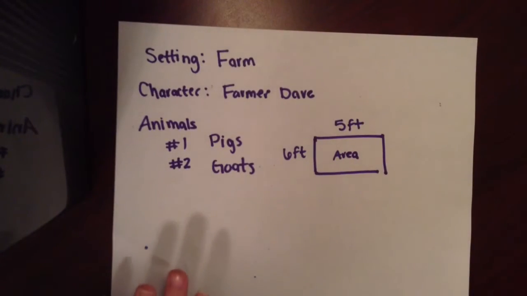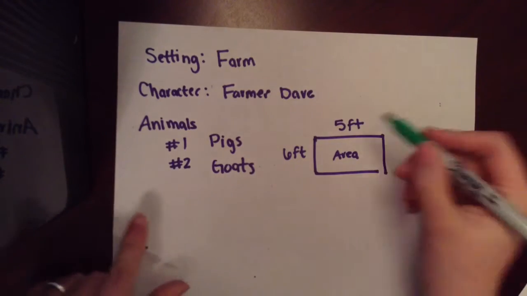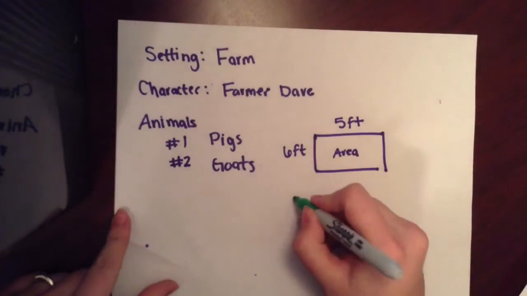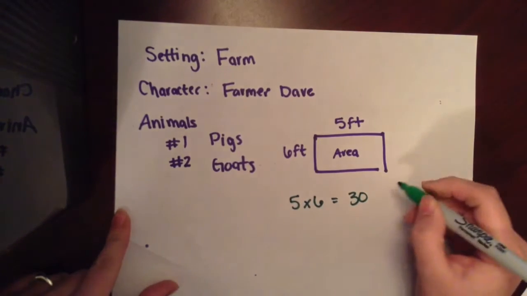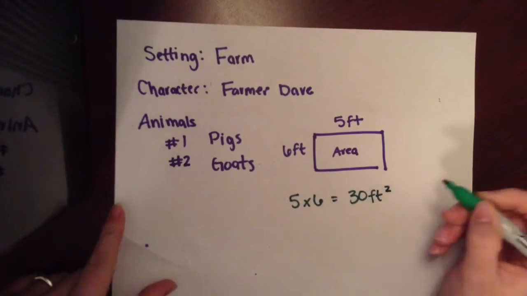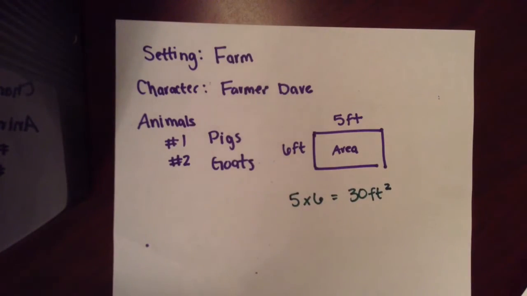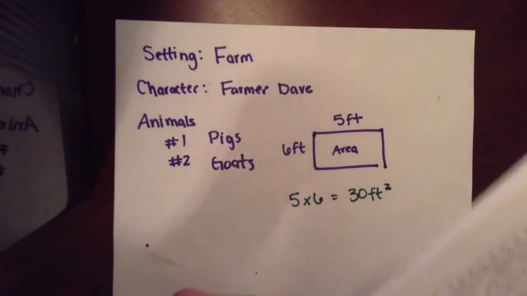Write the example back on the board and ask the students, with their new knowledge, if they can solve this problem now. They should be able to. 5 times 6 gives them an area of 30 feet squared. That's how big Farmer Dave's pig pen is. So we've brought that lesson full circle.